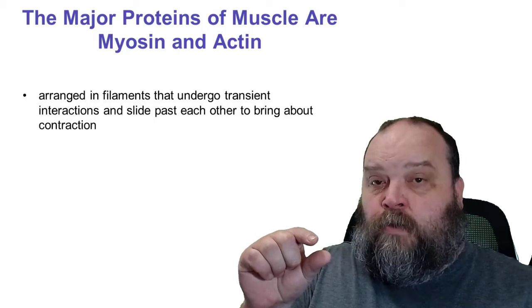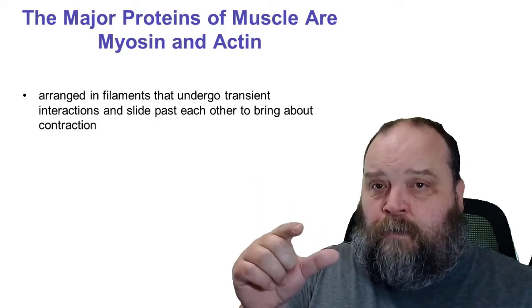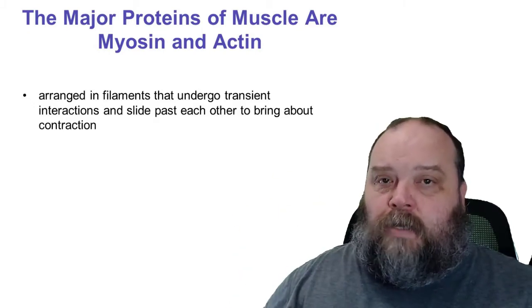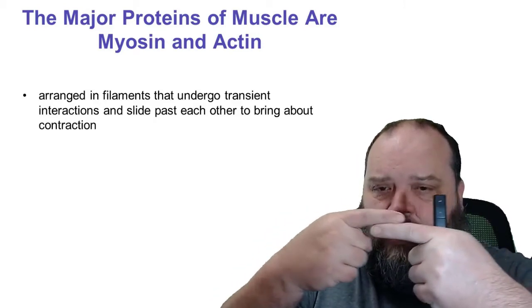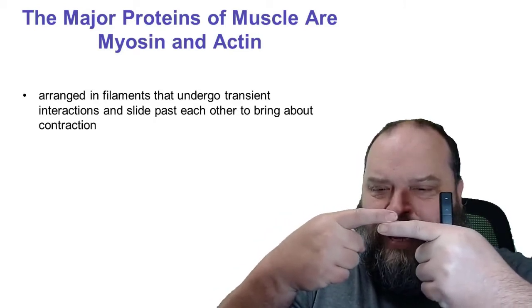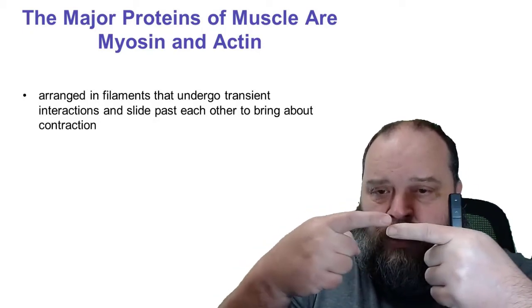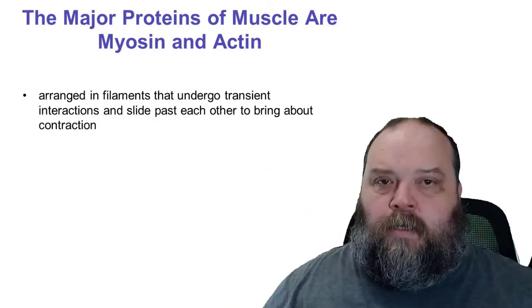You get enough of those cells foreshortening, you get a muscle fiber foreshortening. Get enough muscle fibers foreshortening, you get a muscle contraction. And what we're going to be looking at here is discussing how the myosin and actin interact via motor proteins to pull and thus shorten the cell.